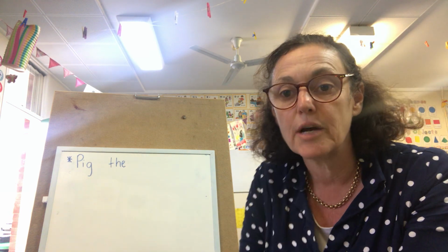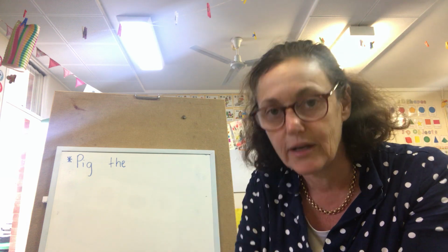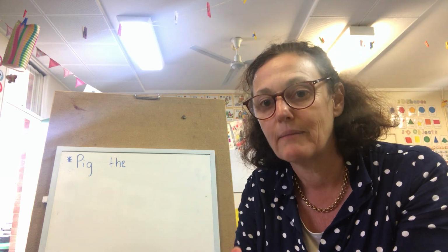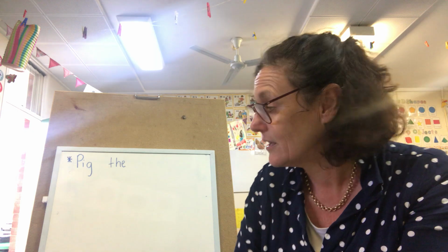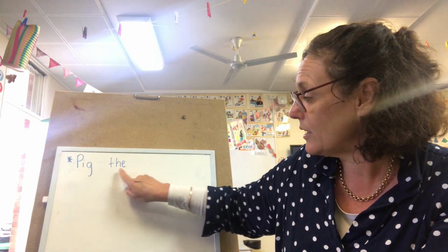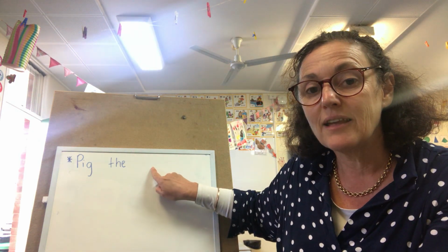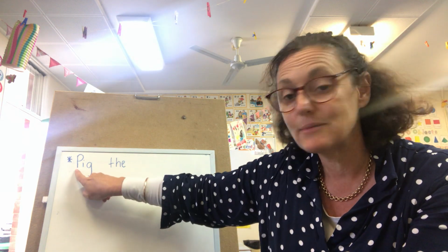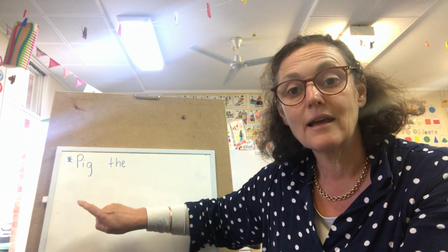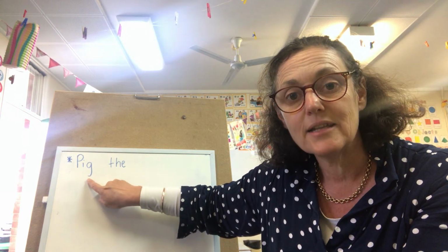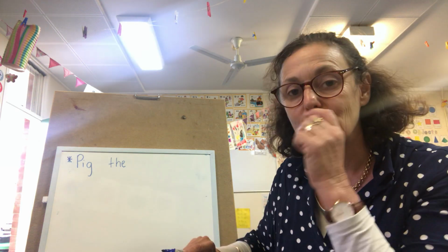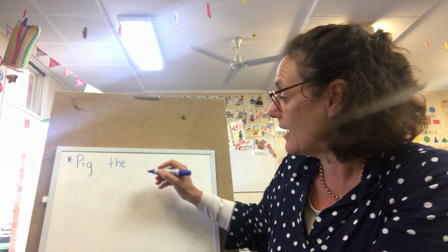Now remember, each time we write a word, we go back, read it again, and make sure it makes sense. That's called monitoring. Pig the Pug. Now, pug has the same start as pig. It's got the same ending. It's only the middle that's different. So let's stretch it out and hear the sounds in pug.